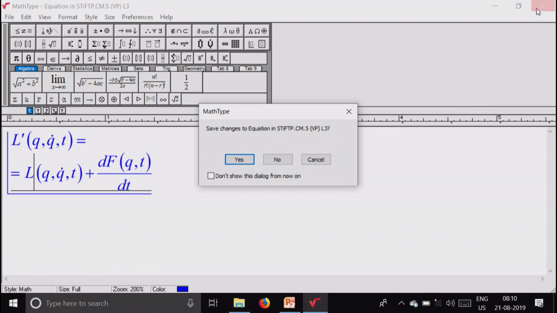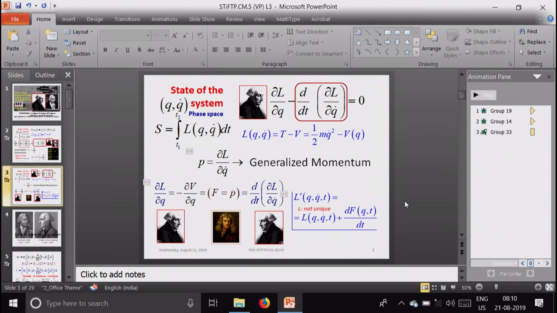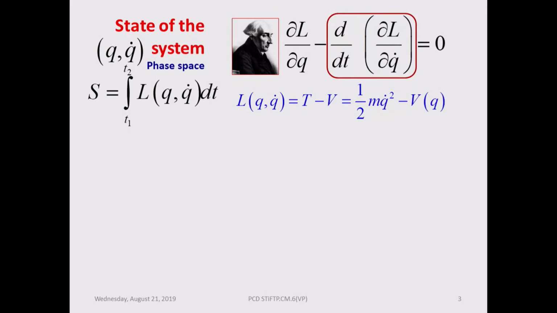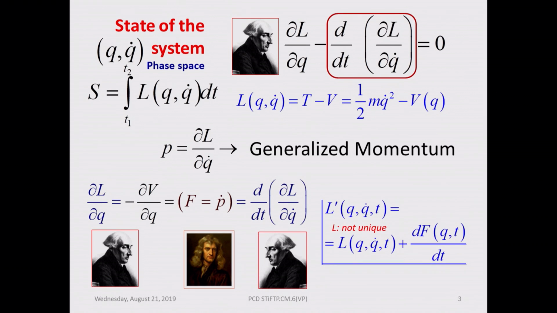So you can have a Lagrangian, and you can add to it df by dt, where f is some function of just q and t, and you will get the same equation of motion. And you see it in alternative forms of Lagrange's equations. For example, you can carry out gauge transformations of the potentials, and you can get the same equation of motion.